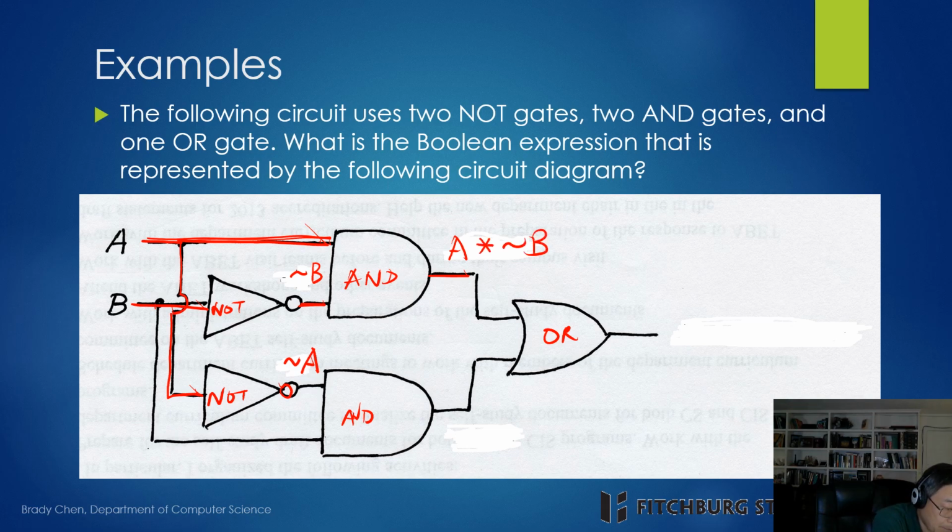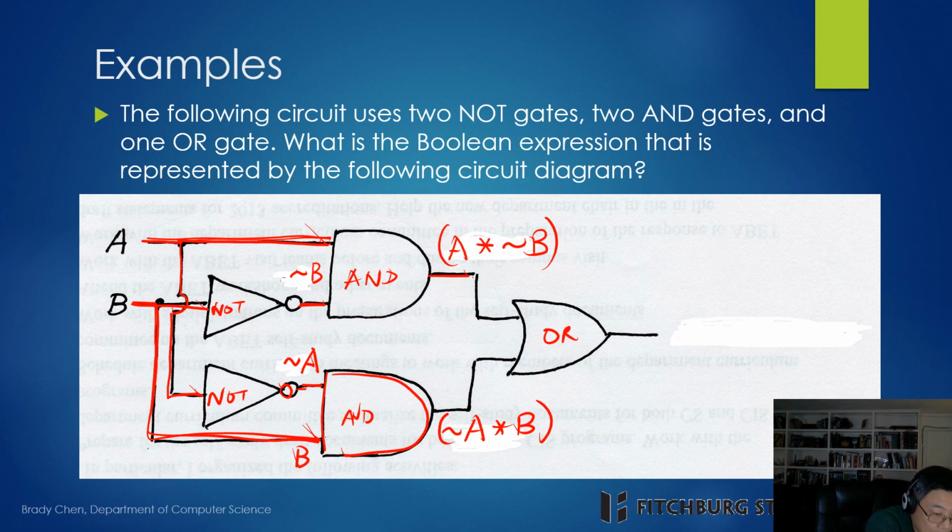Now for the other AND gate, one input is tilde A, the other input is B. So with the AND gate, you're going to generate tilde A times B. Now we have two Boolean expressions.